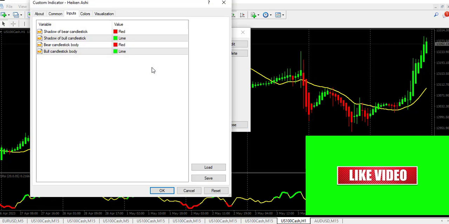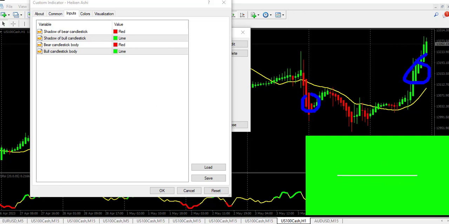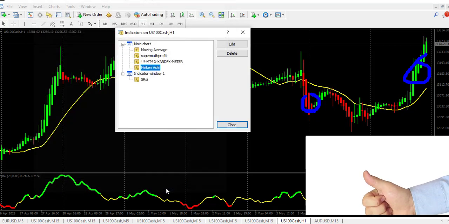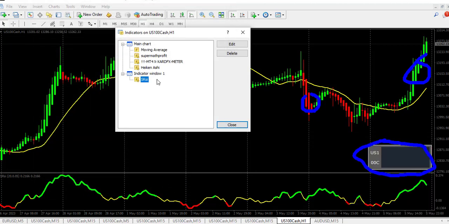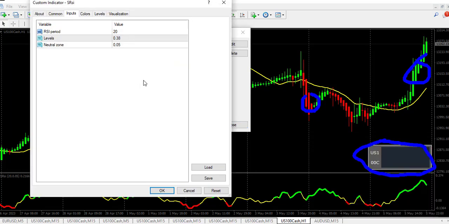And I use the Ignition indicator just for this red and lime color candle. This is the Ignition indicator. So here is the SRSI indicator, and here are the values.